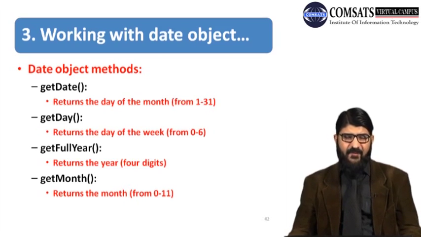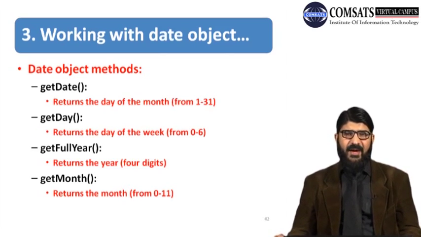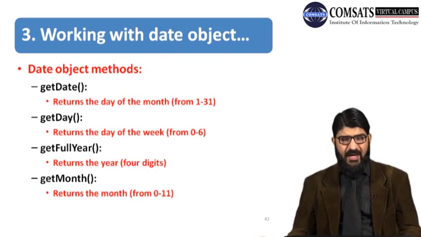Always remember, when you use get date method, it will return you the date of particular month. Always remember, the get date will not return you the particular day, it will return the day of particular month.